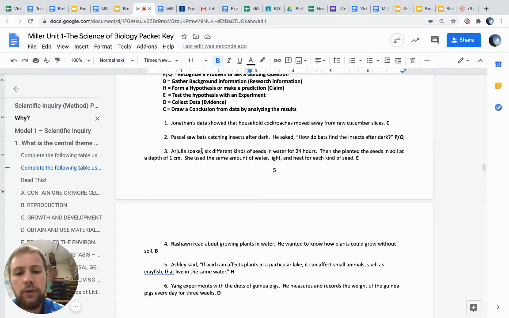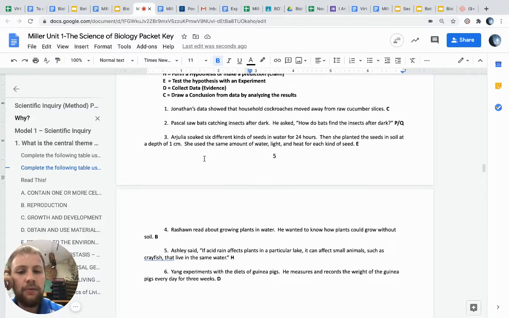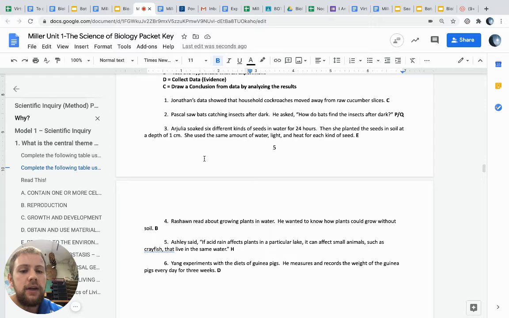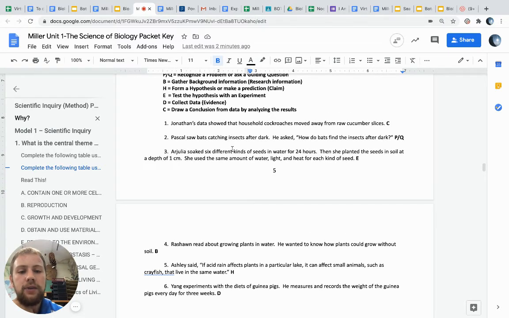All right, Arjulia soaked 6 different kinds of seeds in water for 24 hours. Then she planted the seeds in soil at a depth of 1 centimeter. She used the same amount of water, light, and heat for each kind of seed. So what we have here is she is running a controlled experiment. So let's take a look and see what kind of independent variable we have and what controlled variables.